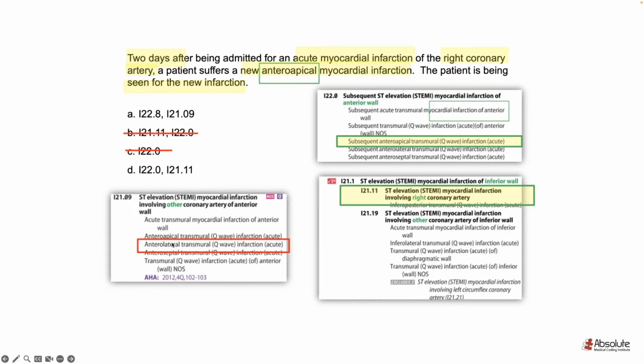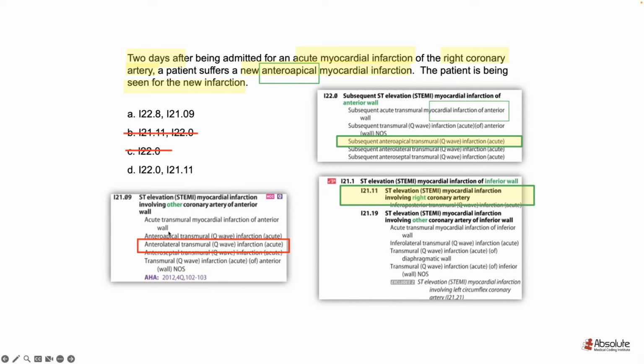And it even says that this is coding for anterolateral. No, anteroapical, right up underneath it. And it's acute. But you could use this code if you were coding for that and that were the reason for the encounter. But in our case, it isn't.